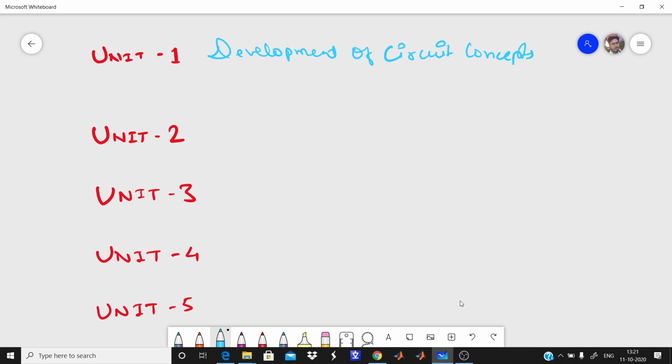And in unit number 2 you have to study network solution and reduction.